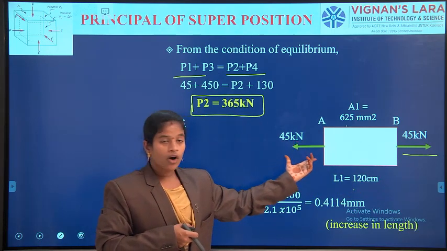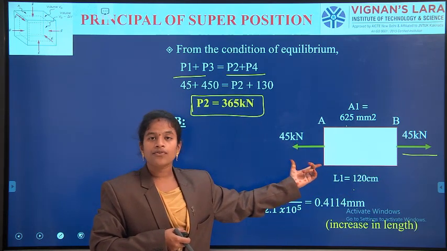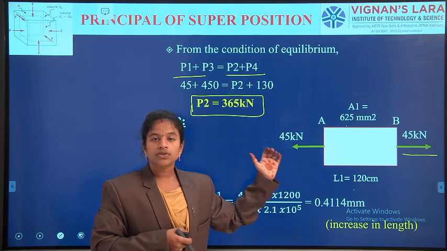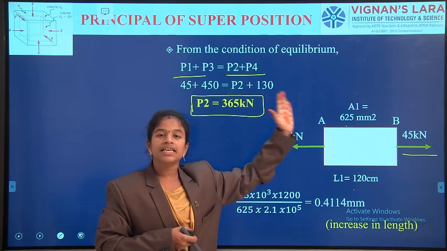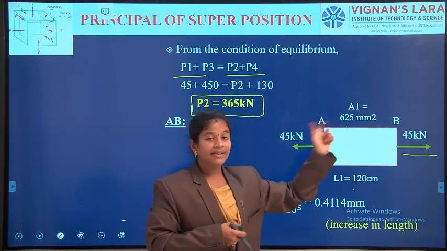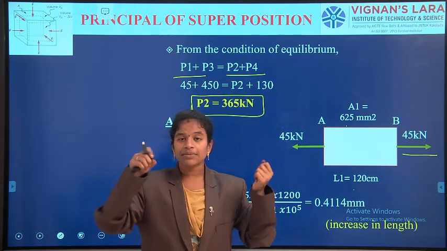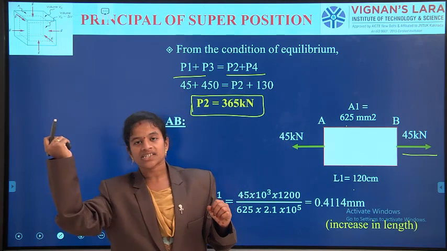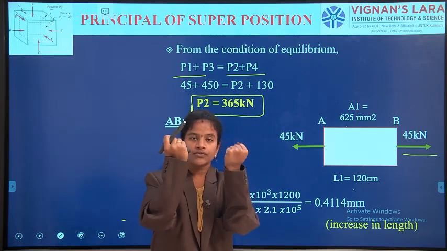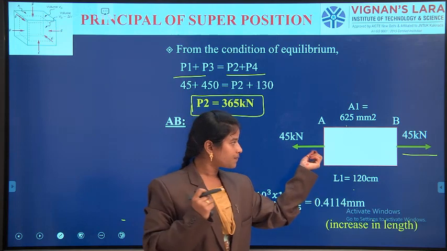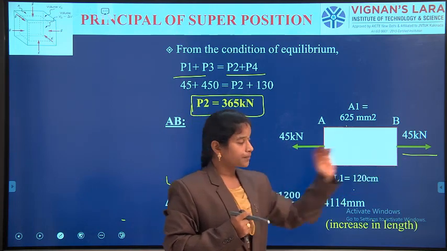Because in the normal condition I have seen 45 at this end. So simultaneously, for maintenance of equilibrium, the other end of that particular section will have the same value and same nature. This is producing tension. So the other end will also give the tension like this. So tensile load, tensile load.